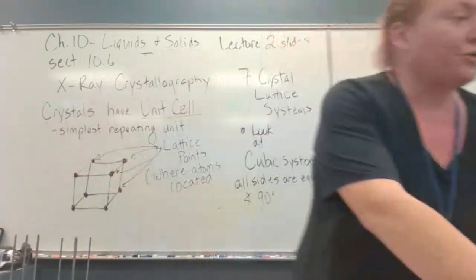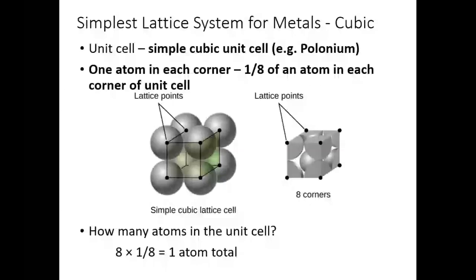So what does a simple cubic unit cell look like? In your unit cell cube, you have one atom at each corner, and that's it. Simple cubic.